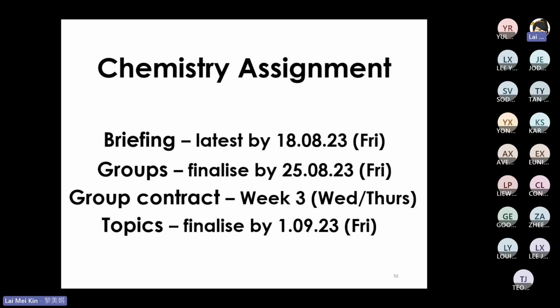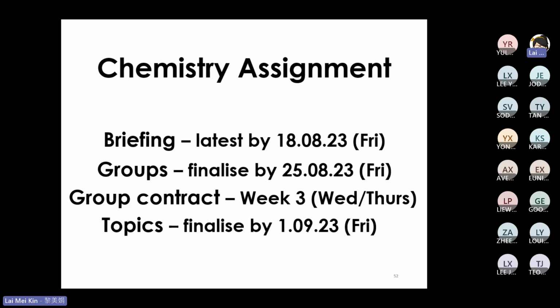When I get the finalized number, I think by end of next week or in week 3, I will post out an Excel. How many groups of 5 students, how many groups of 6 students, then you can put your names in. But to be safe, just find 5 first because I don't want everyone to find 6 members and then suddenly there are 2 students without members. So you can start to find a few friends, no problem.